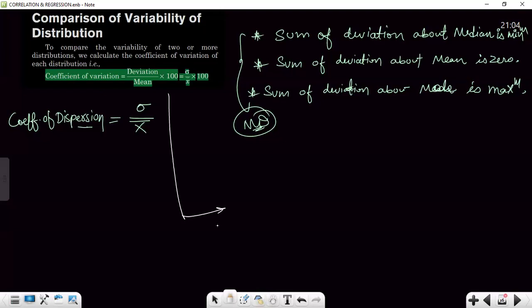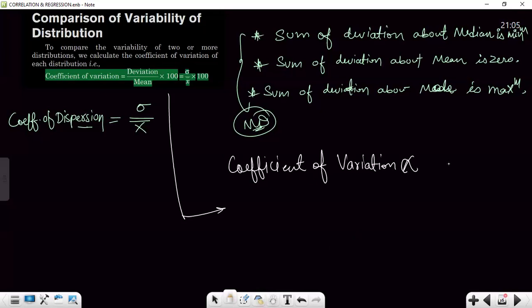Variation is a quality of change, and consistency is just its opposite quality. So when some observation is variable, or it is varying a lot, its coefficient of variation will be high.